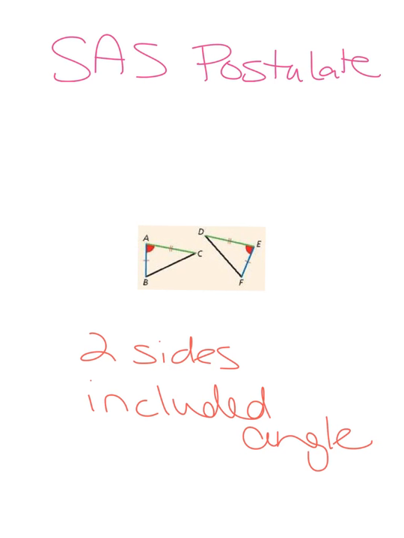So for instance, we have segment AC is congruent to segment DE. We also have segment AB is congruent to segment EF. So what we need now is our included angle, which in this case is angle A. That's the one in between those 2 sides. And in the triangle DEF, angle E is in between those 2 sides.